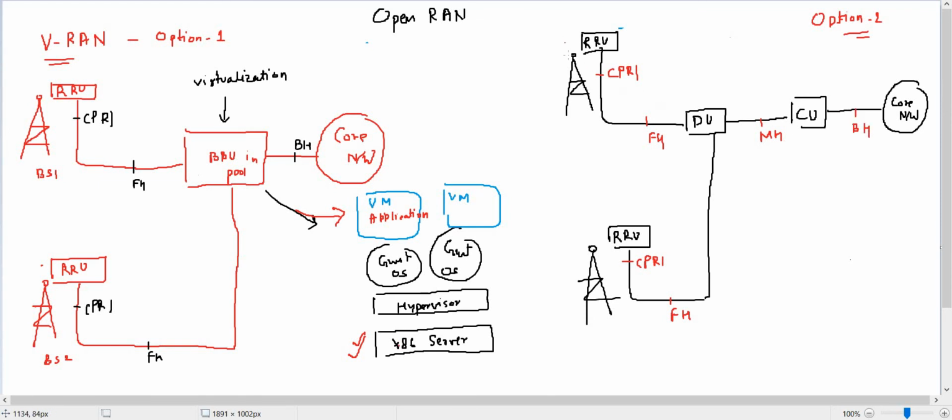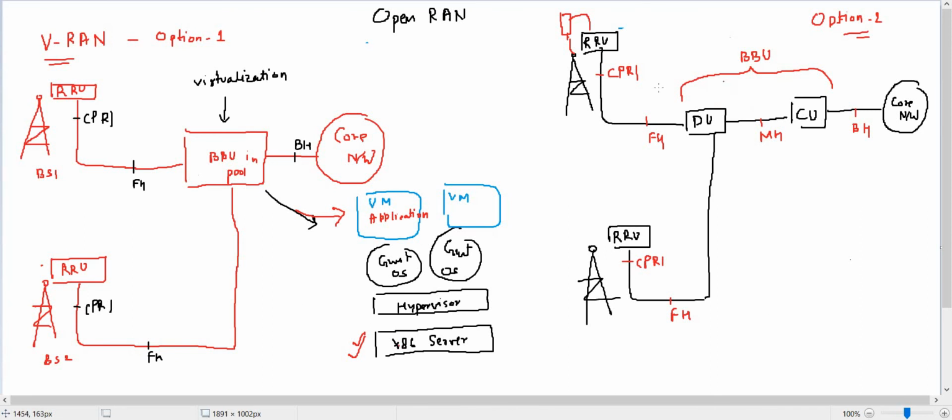Just for your information, this RRU is connected between the antenna and DU, so it will convert the radio signals into signals which can be understood by this DU. So you can say we have split the BBU into two entities, DU and CU.